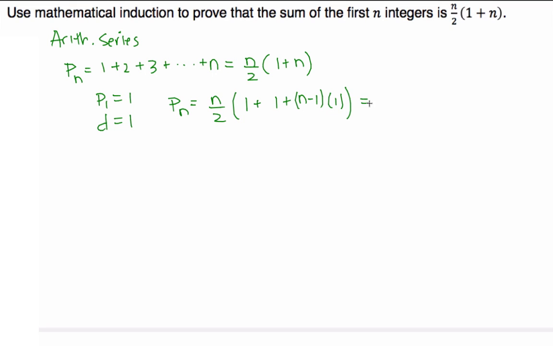Is that right? Okay, so then that's n over 2 times (2 plus n minus 1). So that's n over 2 times (1 plus n). Okay, this is review. This is the arithmetic series. So now we know this is true. This is a deductive proof for this. We're seeing it work right now.